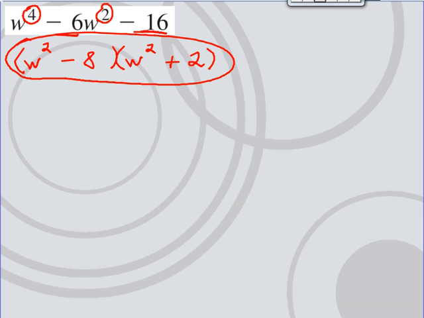Now let me show you something. You don't have to on this, but you kind of could factor w squared minus 8. W plus, w minus factors into conjugates, right?